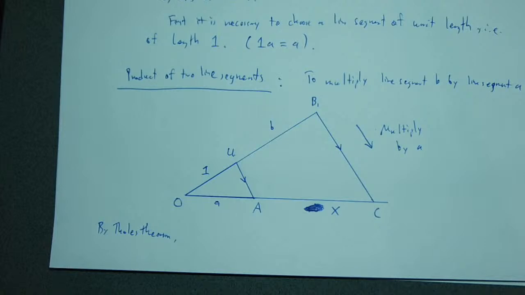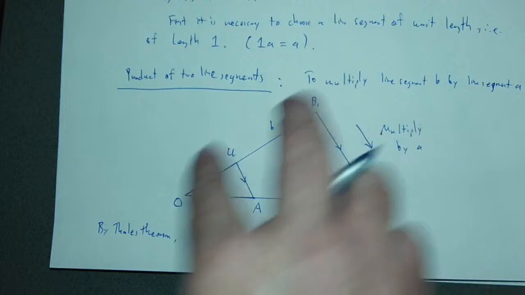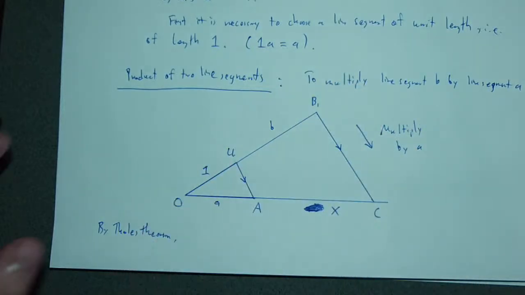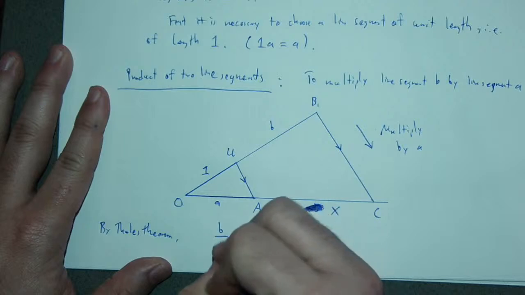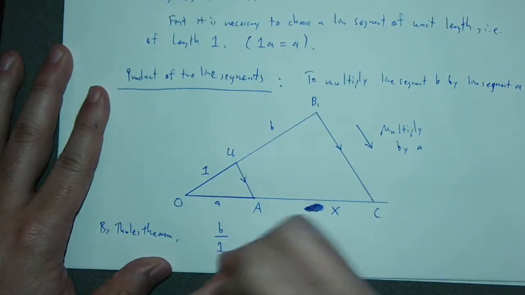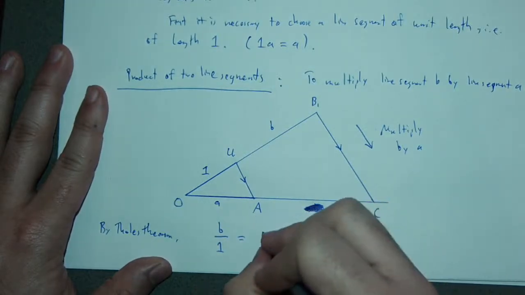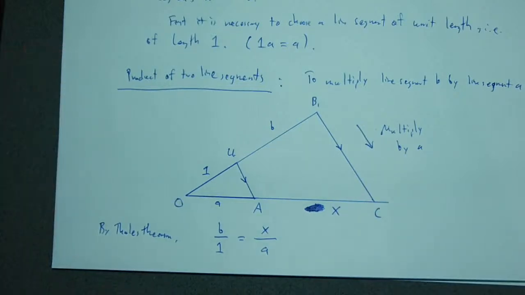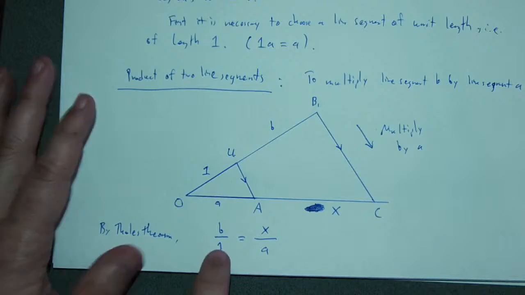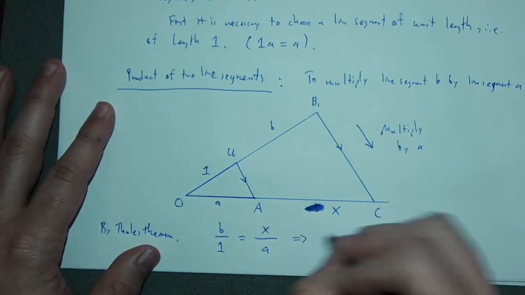So by Thales' theorem, one thing I could say is that B divided by 1 is the same thing as X divided by A. So by Thales' theorem, B divided by 1 is equal to X divided by A. But then, what does this mean?